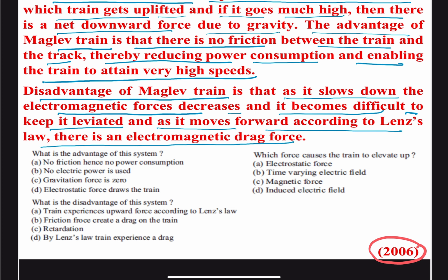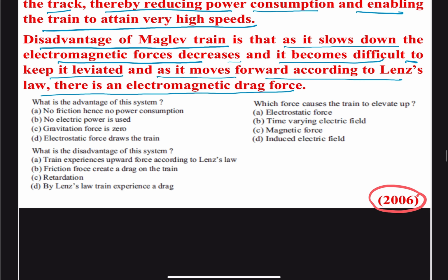So based on this, we have 3 questions. First, it asks for the advantage of the system, second, it asks for the disadvantage of the system, and third, it asks which force causes the train to elevate up.